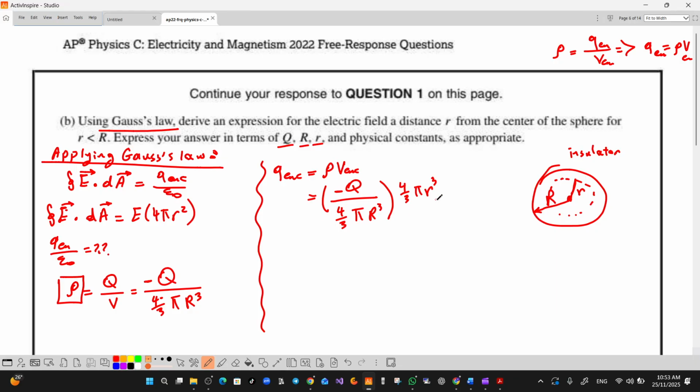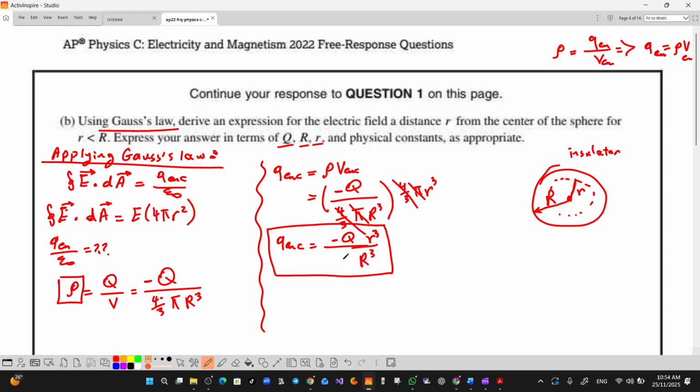We can cancel 4 over 3 with 4 over 3, pi with pi, and we end up with minus Q r cubed over R cubed. This is the relation that represents the electric charge in the enclosed surface.